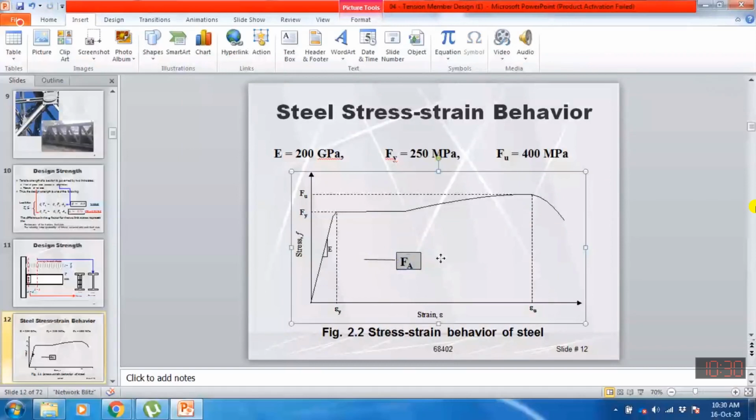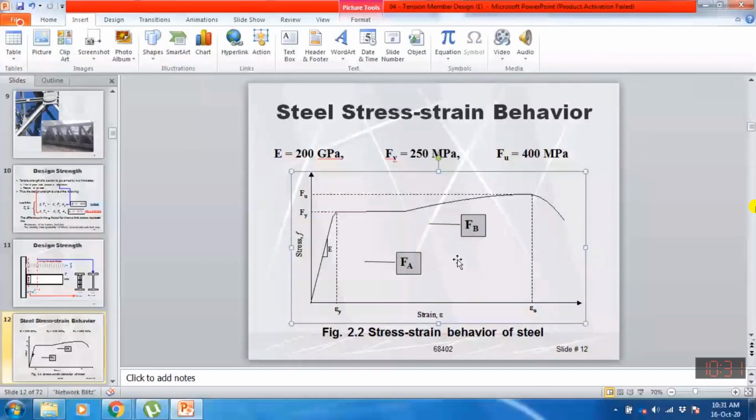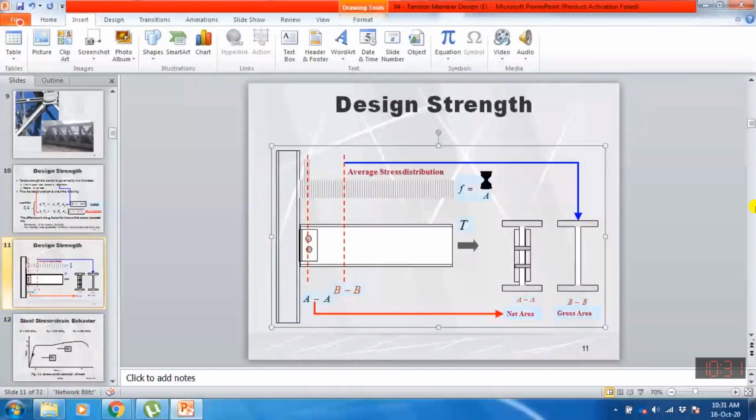And let me copy it again. And at another limit, we might have stress acting at a section T. So again, I'm talking about, in this example, stress is equal to T over A. Tensile force is constant.